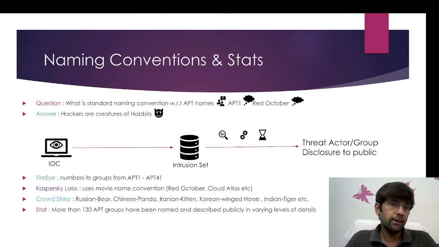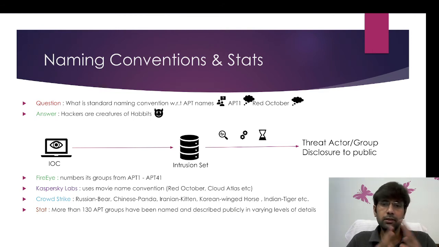Viceroy Tiger was a famous APT group that was popular quite a few years back. As far as publicly available information goes, there are 130 groups that were publicly disclosed by the end of 2020.